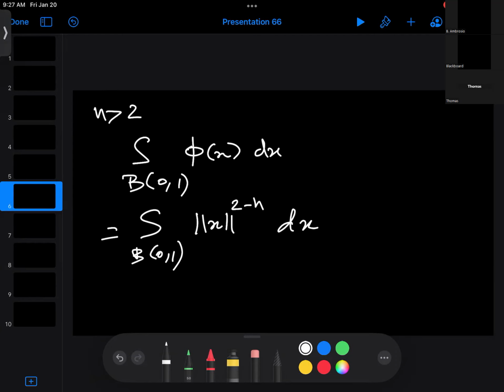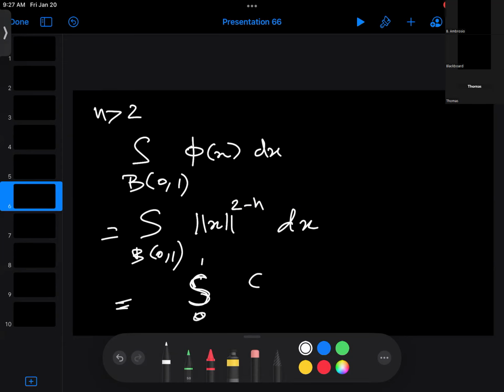Integrating over the ball is the same, since I have a radial solution, as integrating for the radius r between 0 and 1, and then integrating on the boundary of my ball, which is the sphere.